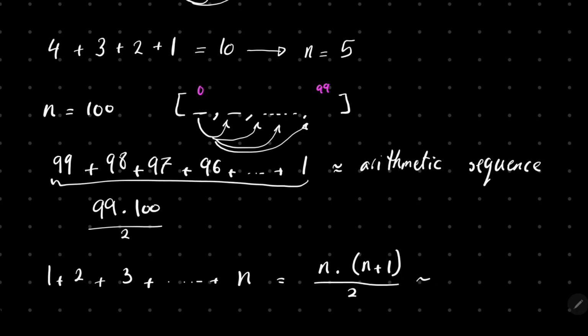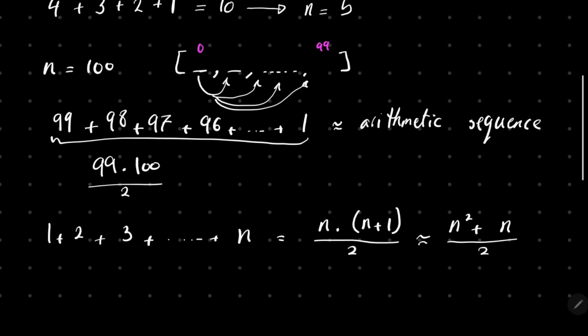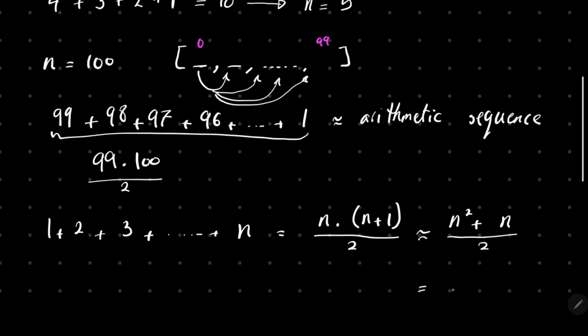If you do this, it gives you n squared plus n divided by 2, which you could simplify, and you get 1/2 times n squared plus 1/2 n.